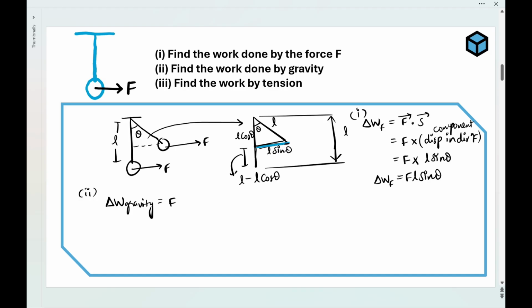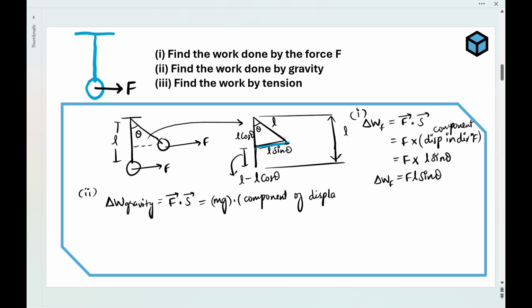So we can also write F bar dot S bar directly, which equals the magnitude of gravitational force, mg, into the component of displacement in the direction of force. I think you remember the formula: magnitude of force into component of displacement in the direction of force is also called work. We can find it like that also.